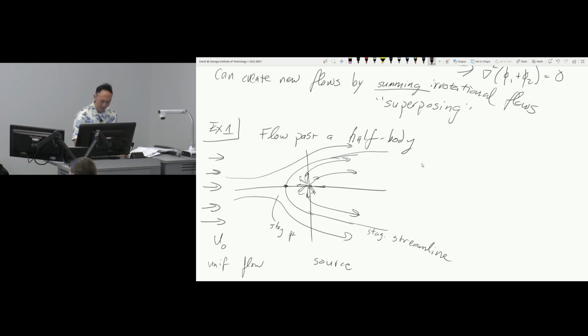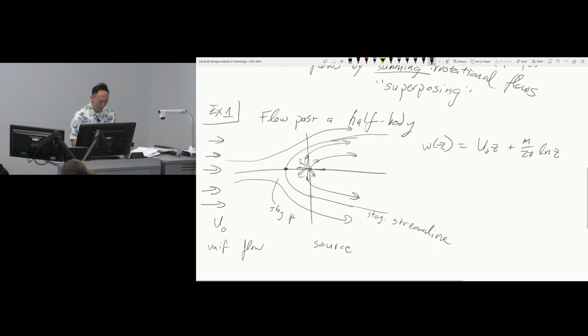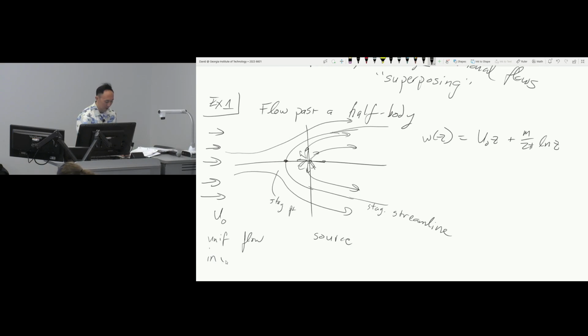Okay. So in this case, the complex potential W of z is equal to U naught z plus m over 2 pi log z. And this is my uniform flow in the x direction, and that's my source.